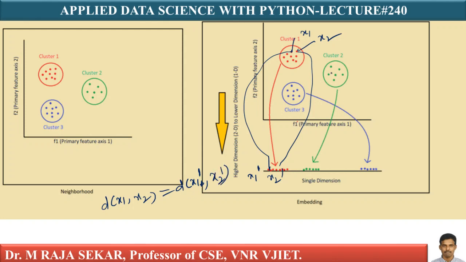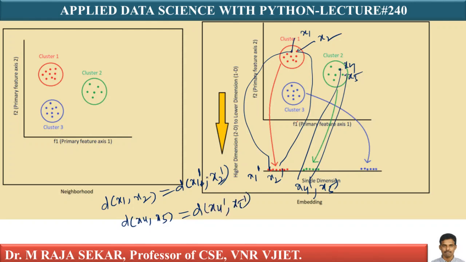For example, if this is some x4 and this is x5, after projecting they will be transformed into x4 dash and x5 dash. The distance between x4 and x5 is equal to the distance between x4 dash and x5 dash. That's what it says: intra-cluster distances are similar, but we are not sure about inter-cluster distances.